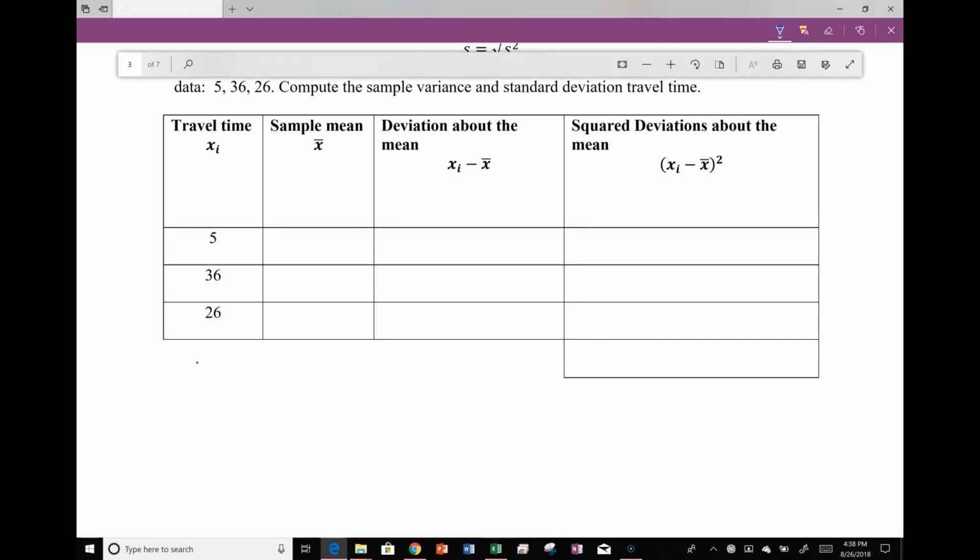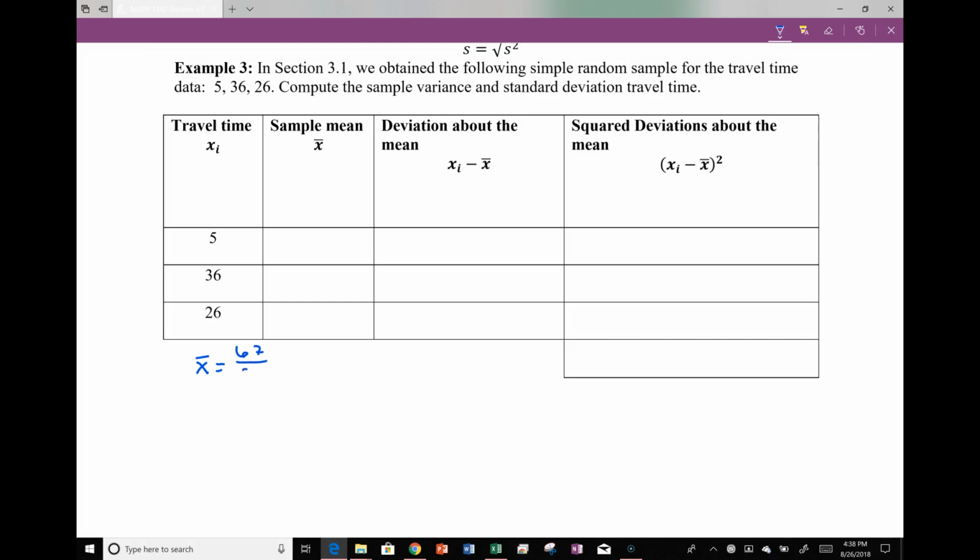When we found the mean, we added all three of those up, which gives us 67, and we divide by 3. So that means that my mean is 22.3.